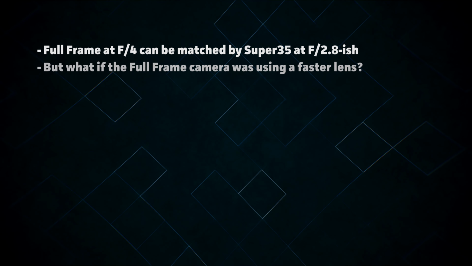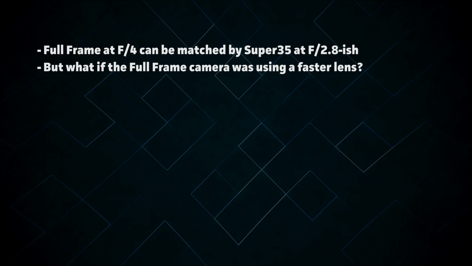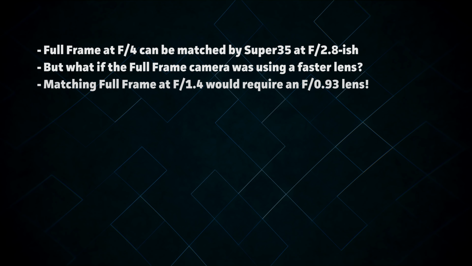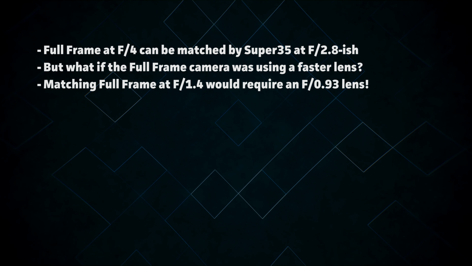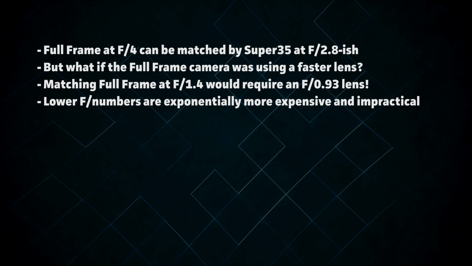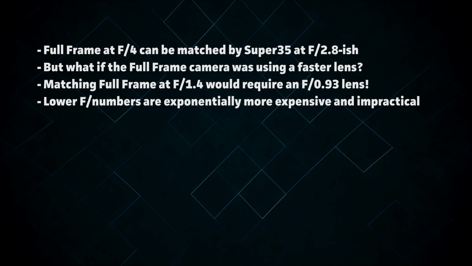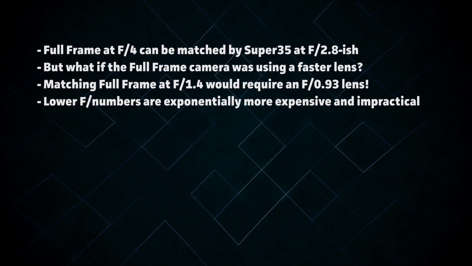In the earlier example, our full-frame lens was at f4, so it was easy to match by opening up to f2.8. However, what if our full-frame camera was using a much faster lens, say f1.4? In that case, the Super 35 camera would need an f.93 lens. And if you know anything about lenses, it's that as the f number gets lower, the price gets higher, exponentially so.